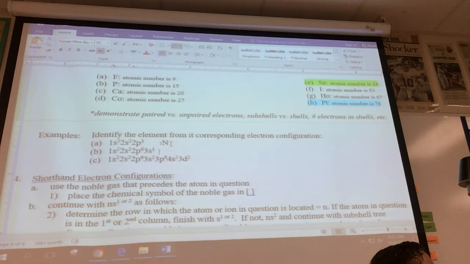How many electrons for B? 11, and if you looked at a periodic table, that would correspond with sodium. And then for this one, how many electrons?